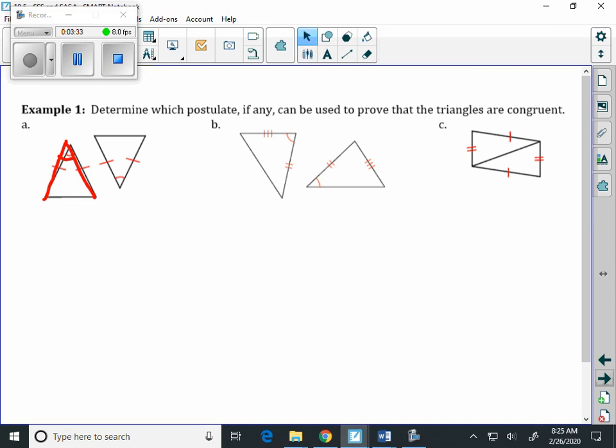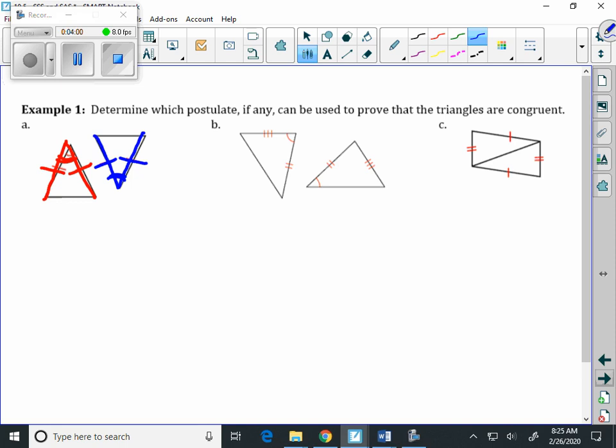In comparison, we have a side and another side and an included angle. So we're looking for either 3 congruent sides, or 2 sides and the included angle. And what we have is side, angle, side. We have 2 sides and an included angle. So this is going to be congruent based on side, angle, side.